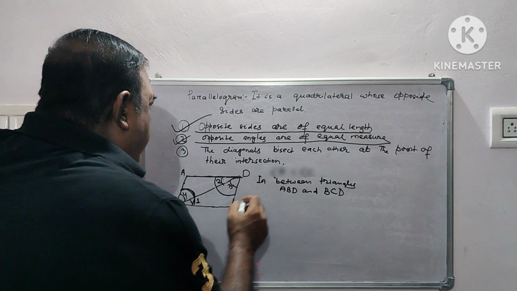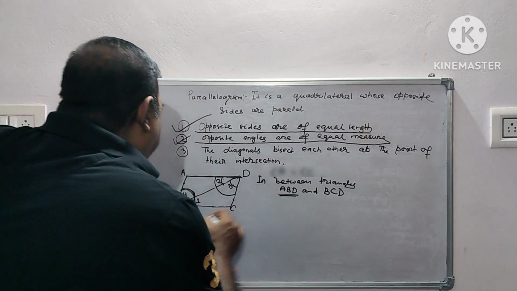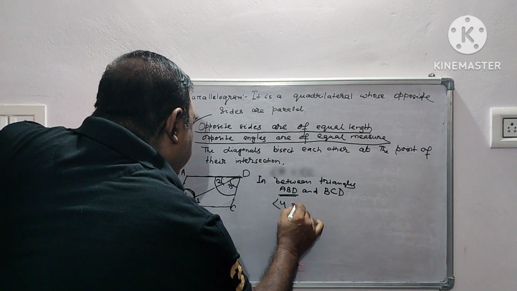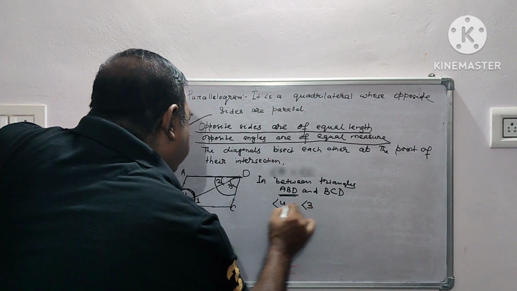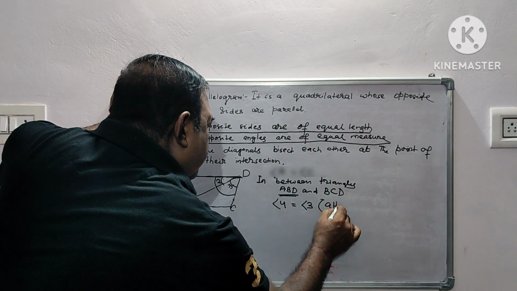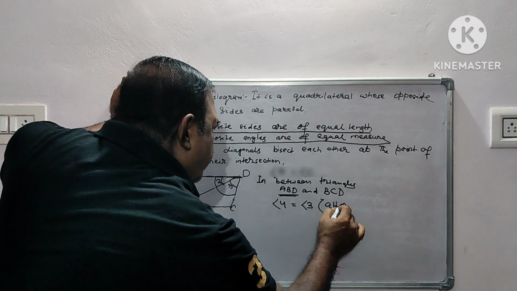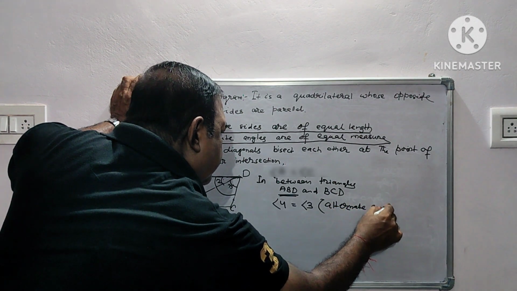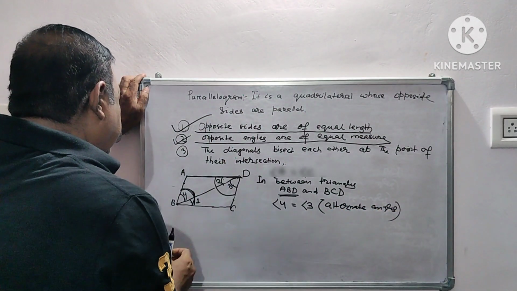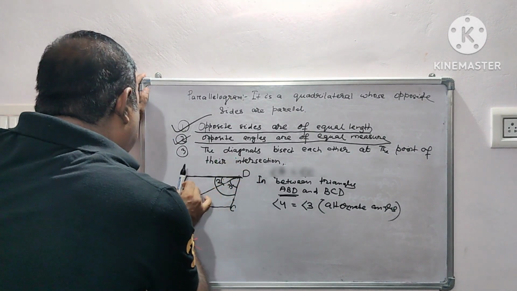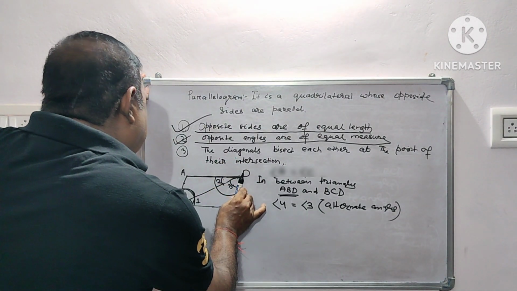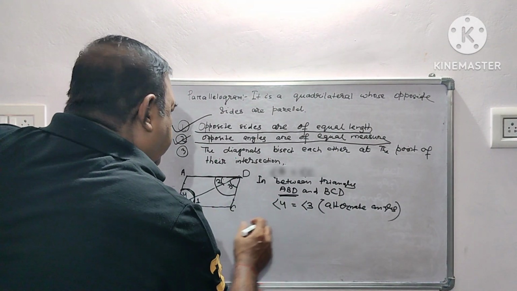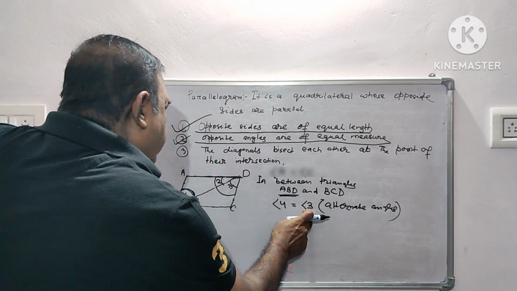You see. So for ABD triangle, you see angle 4 is equal to angle 3. Already we have proved this. To prove this, already we have proved alternate angles, because you see AB and DC are parallel and this is the transversal. So these alternate angles are of equal measure. So angle 4 measures equal to angle 3.